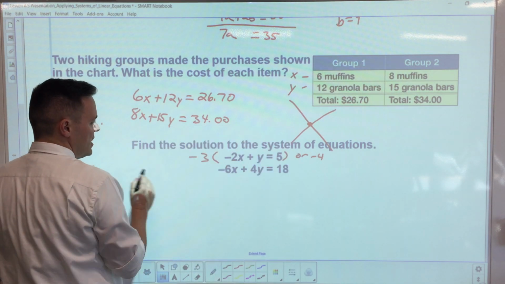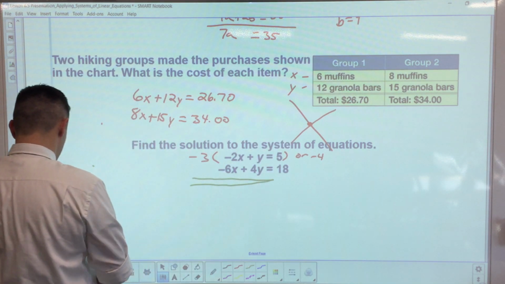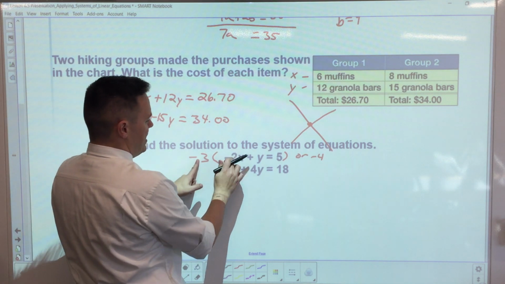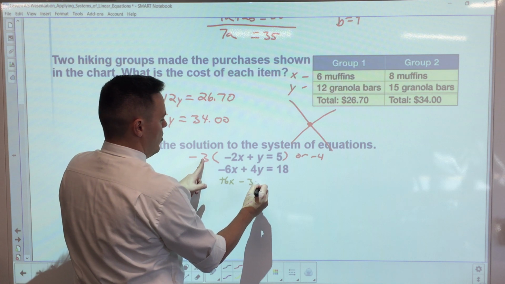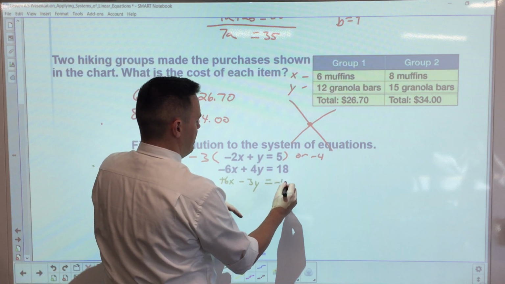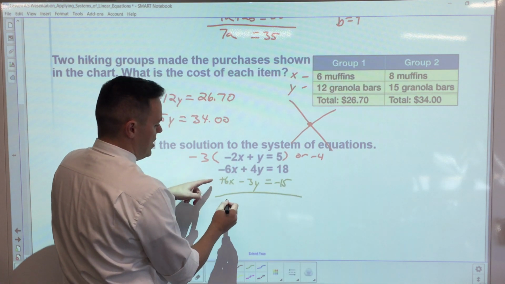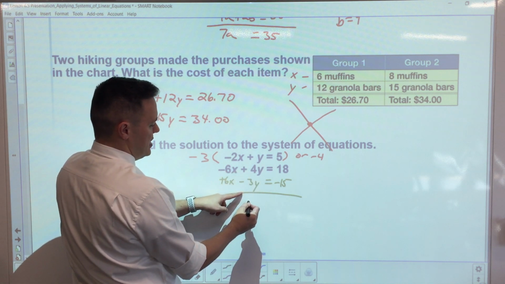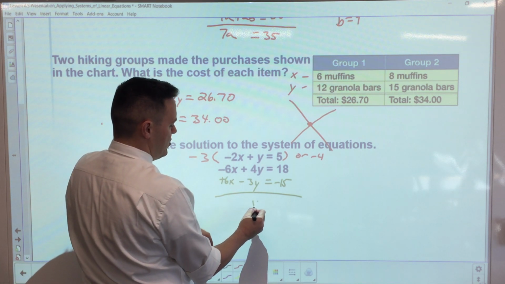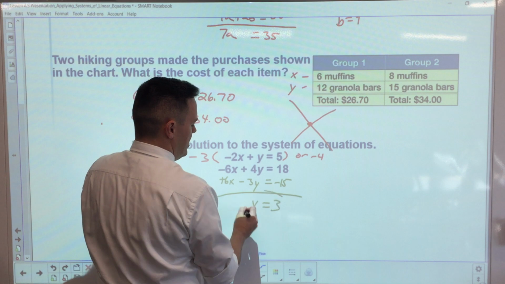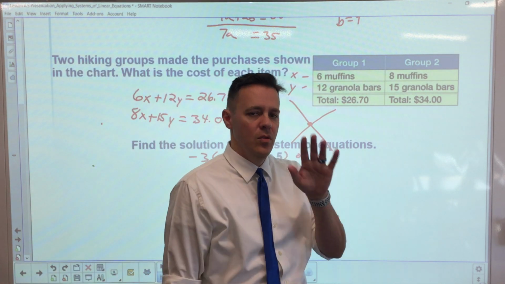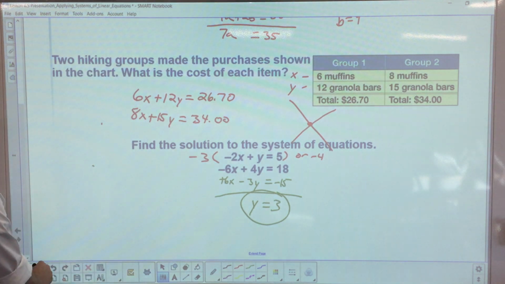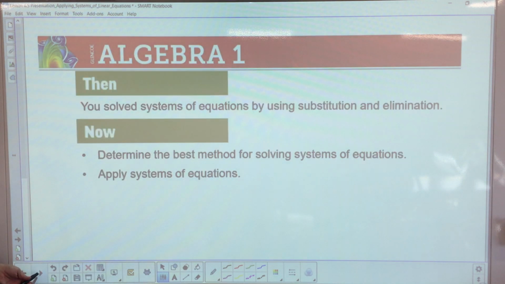The negative and negative is going to be plus 6x, and then it's minus 3y, and it's going to equal -15. Set that up. These cancel out. This is going to be 4 minus 3, which is 1, which is y, equals 3. How about that? Simple. Plug 3 back in, get your x value, you move on. All right, so there's how you do that elimination. So hopefully you did that in your bell work.